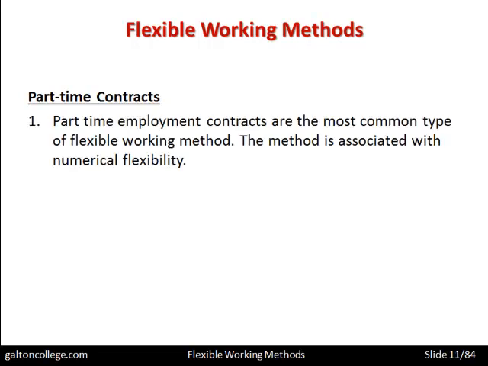Part-time contracts, well, these are probably the most common type of flexible working method. The method is associated with numerical flexibility. It's part-time, so the organisation can take on part-time staff at certain time periods, and perhaps when the demand is less, the part-time staff are no longer required.